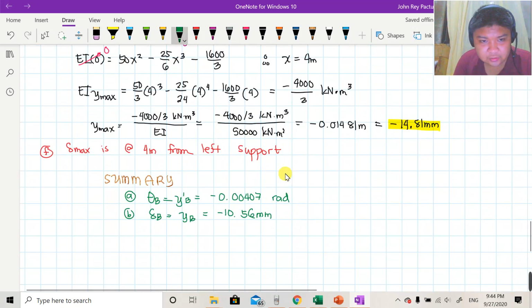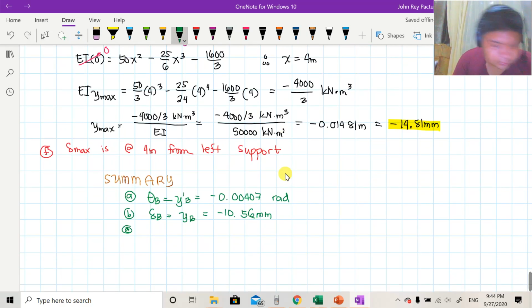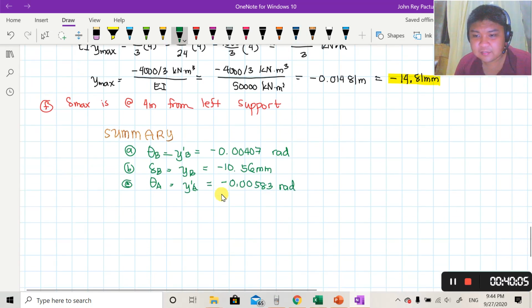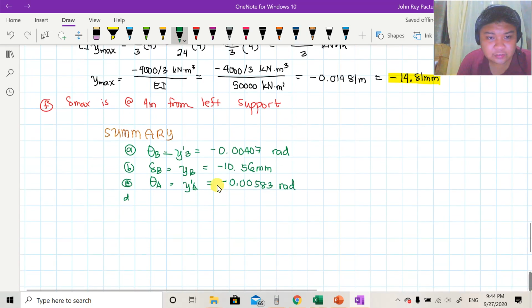So, next tayo, yung pangatlong tanong, letter C, the slope at A. So, that is slope at A or y prime at A. Ang sagot natin doon, class, ay negative 0.00583 radian. So, ulitin ko nga, kung gusto nyo siyang maging degrees, kayo na lang bahalang mag-convert nito.